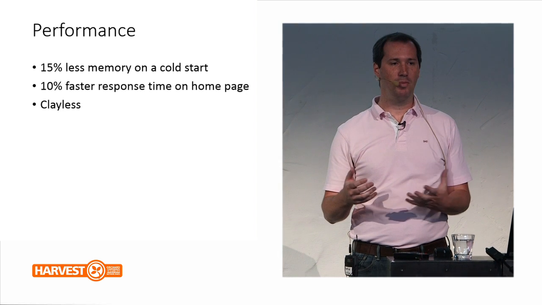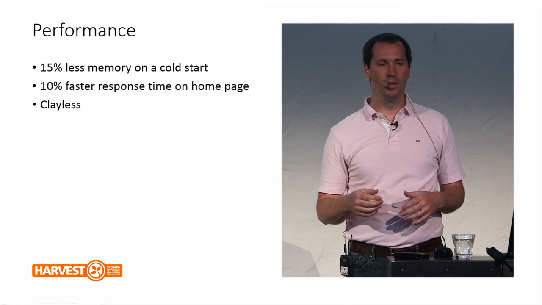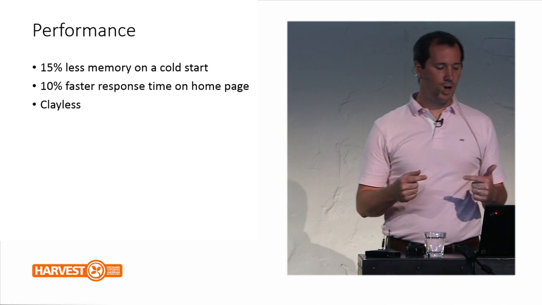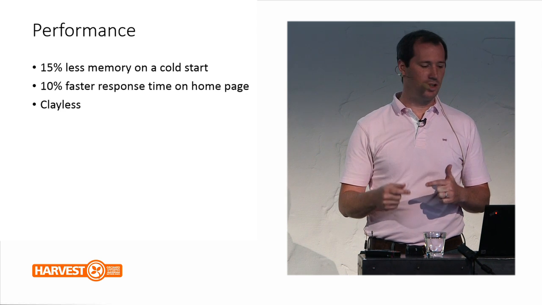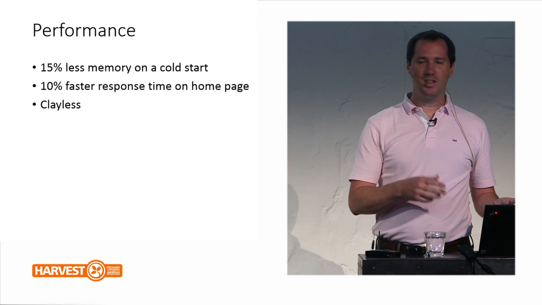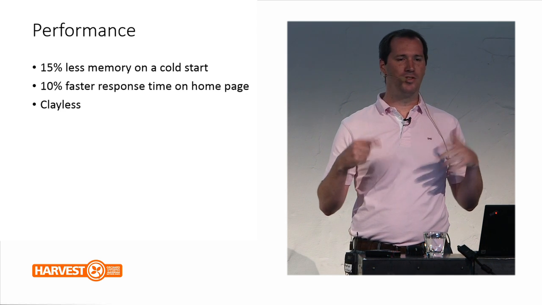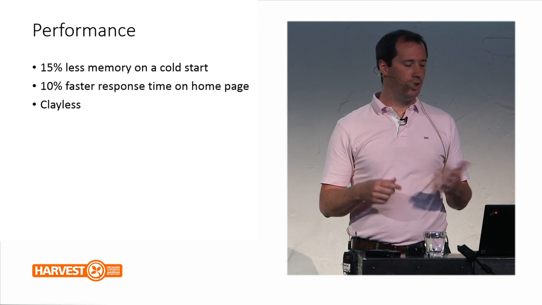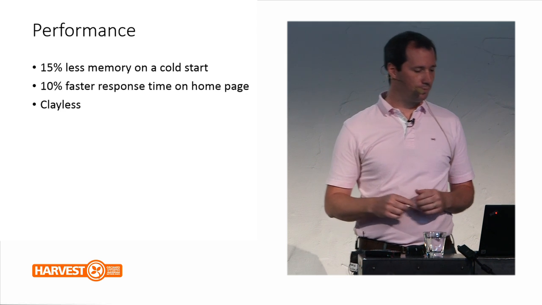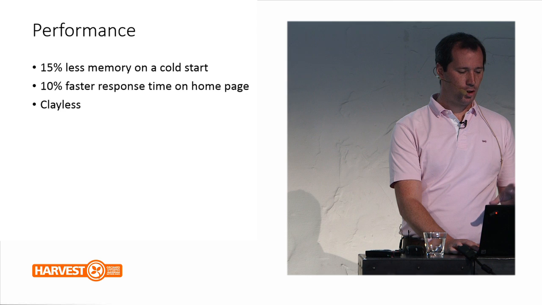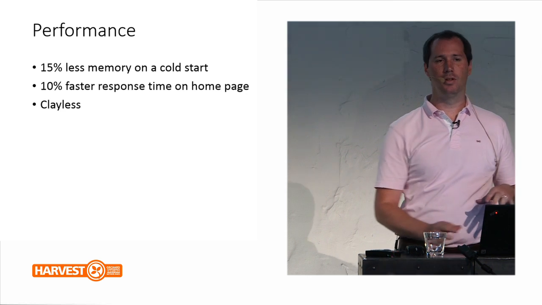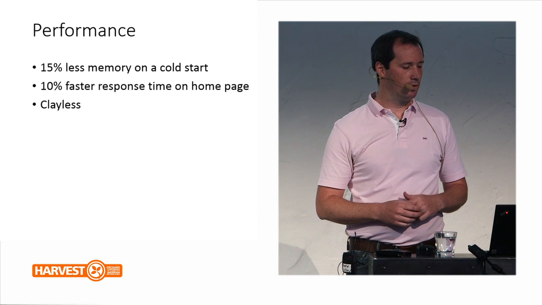So it now has hard-coded behaviors, like Clay would do, but now statically. So it's a statically behavioral dynamic object. And the advantage is that there is no more runtime dynamic proxy to create, and it takes less memory and it's faster to render. So just this change should at least show 15% less memory and 10% faster response time.